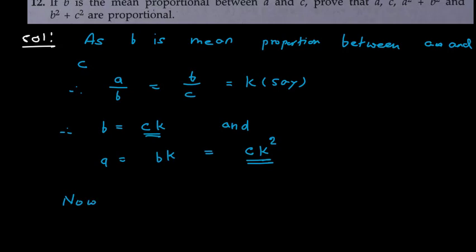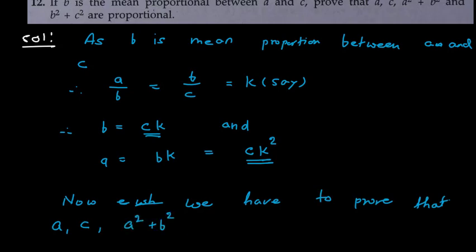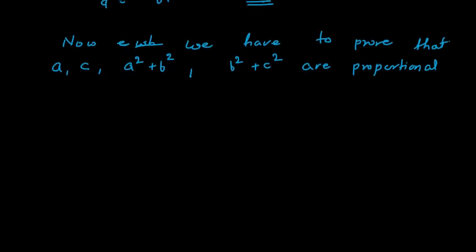I have to prove that a divided by c is equal to a square plus b square divided by b square plus c square.